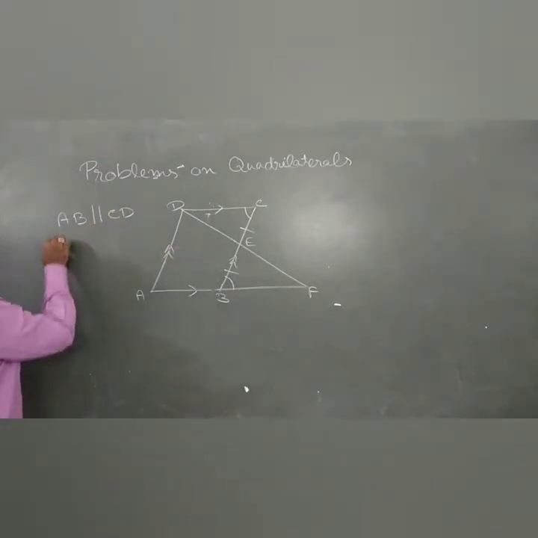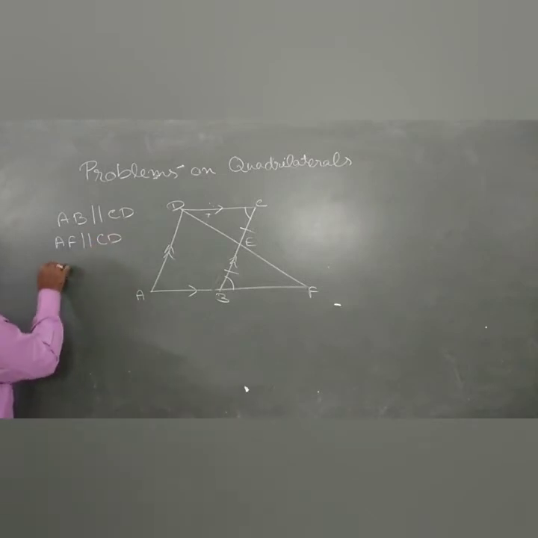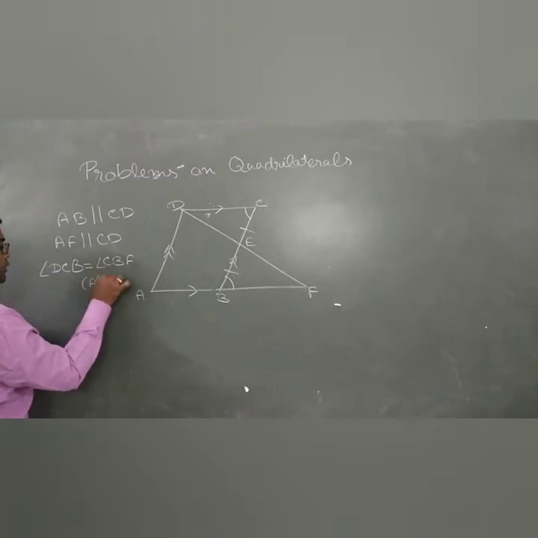And if we produce further, AF parallel to CD, therefore we can say that angle DCB equals angle CBF. Why? Because we know they are alternate interior angles. Clear?